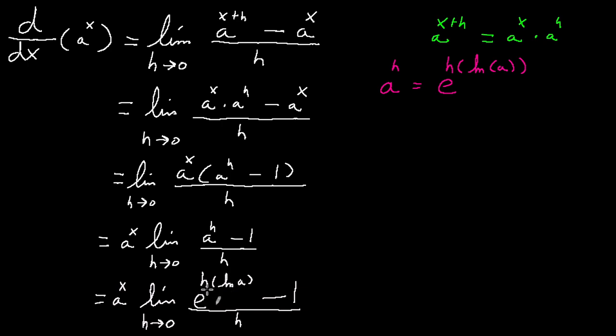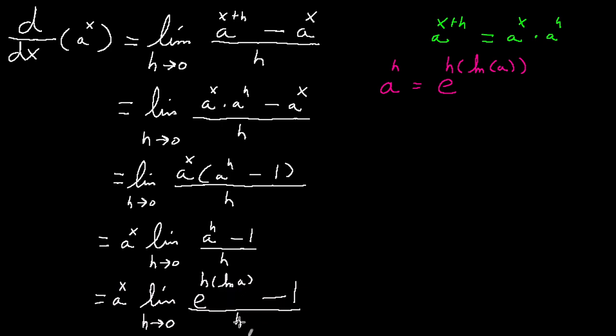So as h goes to 0, this exponent is going to go to 0, because this is like the natural log of 2 or 3 or something like that. So as h goes to 0, the exponent goes to 0, and that's e to the 0th, which is 1. And that's 1 minus 1. So the numerator will go towards 0.